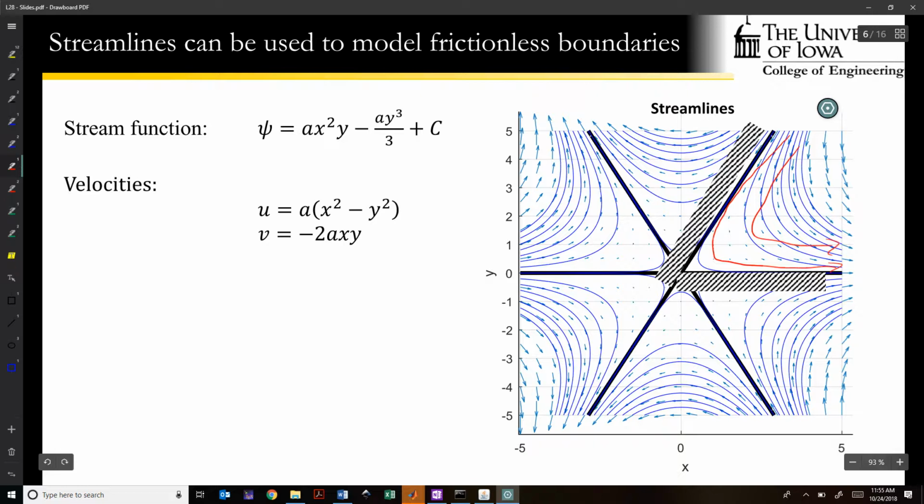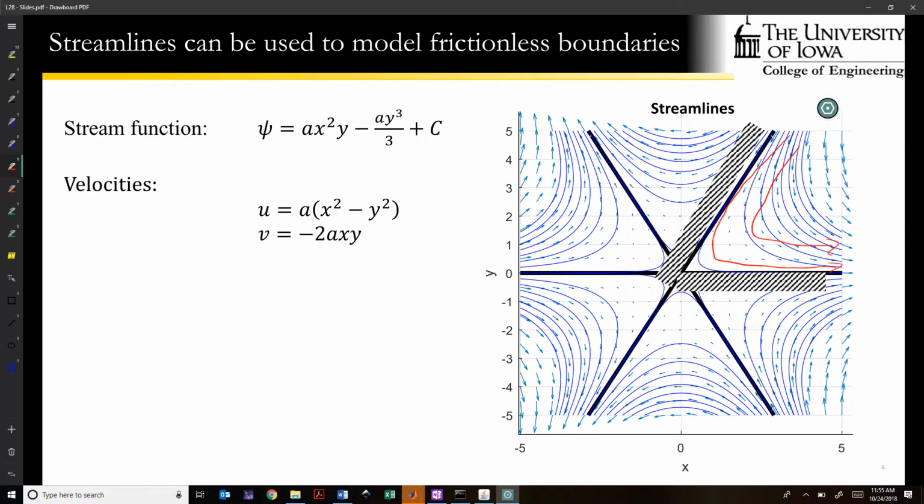So you can do this for a lot of different types of geometries. This is a very simple one, and we'll do one here in a few minutes, once I introduce the stream function's sibling.